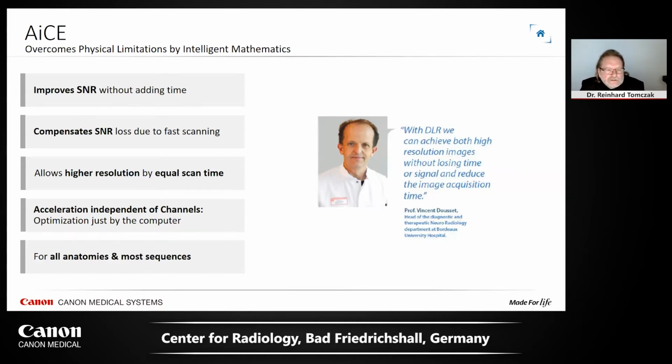It allows a higher resolution at an equal scan time, or identical resolution at the same scan time. Accelerating is independent of channels, so you don't have to have a high-end MRI. So it's working with, for example, the Elan as well. It's for all anatomies and most sequences because it's done on a computer behind the MRI.